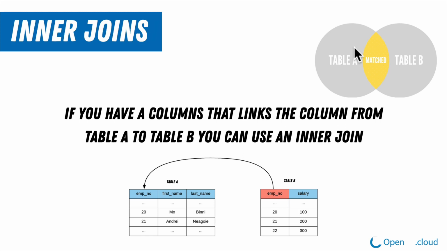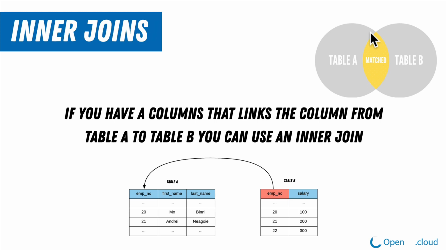If table A has 1,000 records and table B has 1,000 records, and we link employee number from table A to employee number from table B, and it's a primary key to a foreign key relationship, well, if table B only has the salaries or the IDs for approximately 500 of the IDs in table A, well, then the match is going to be 500 large.